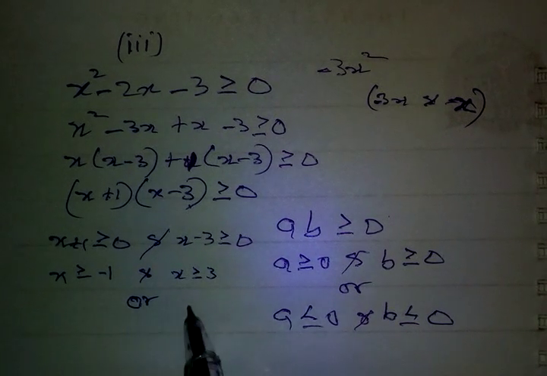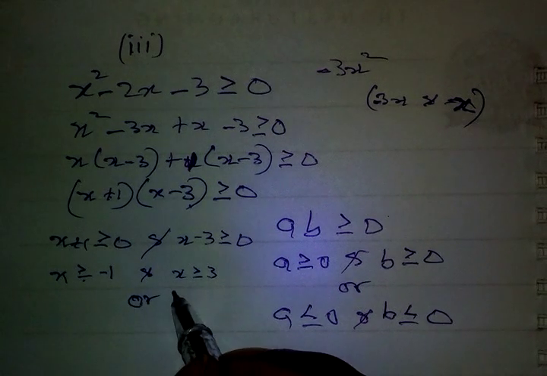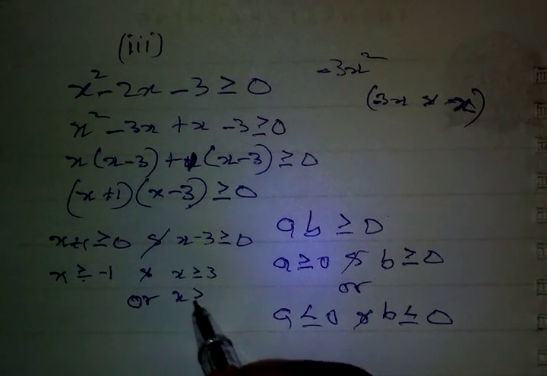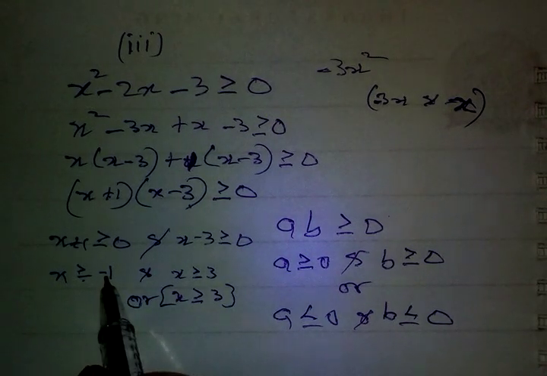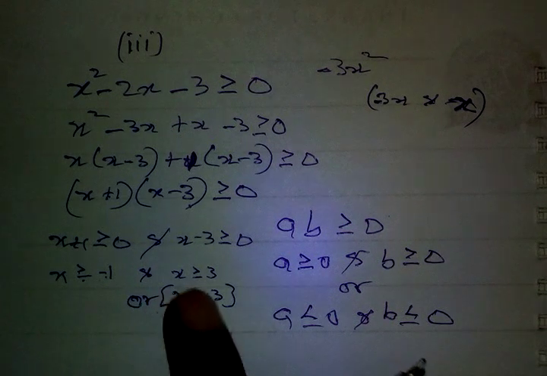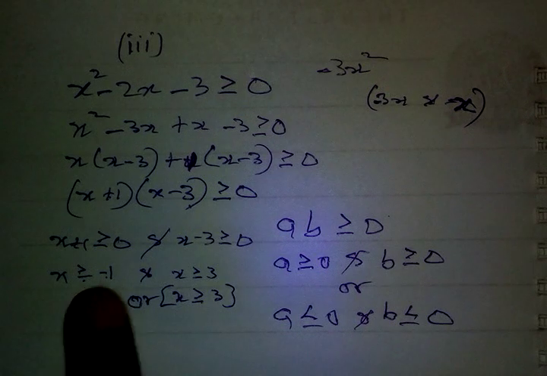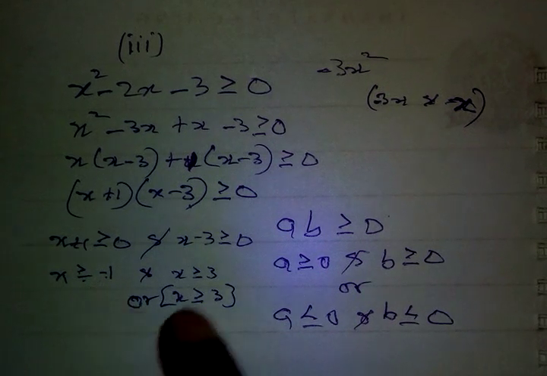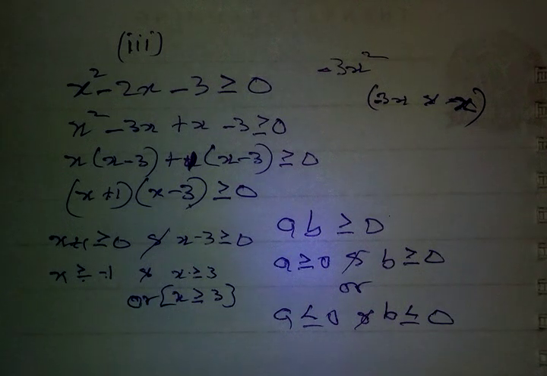Before we do that, look at this expression. We can write this as a single statement, which will just be x is greater or equal to 3, since x is greater or equal to 3 also implies that x is greater or equal to negative 1. So we can use this as a single statement to represent both of them.